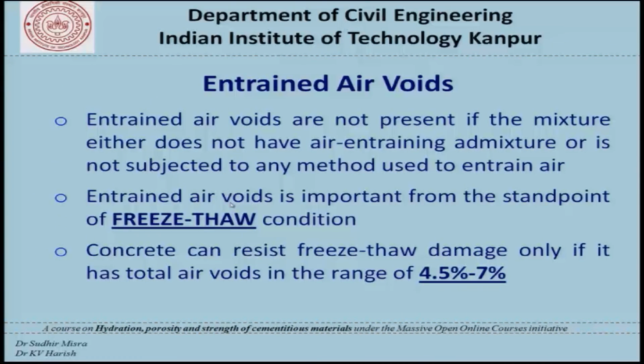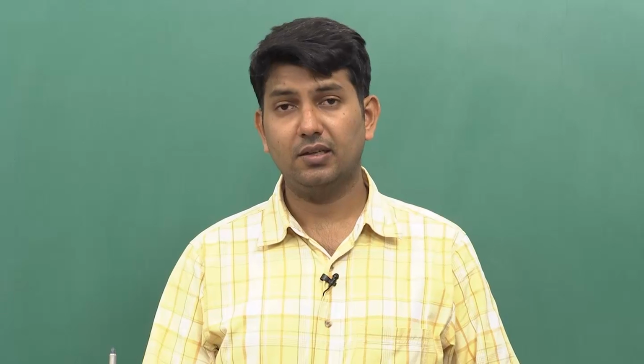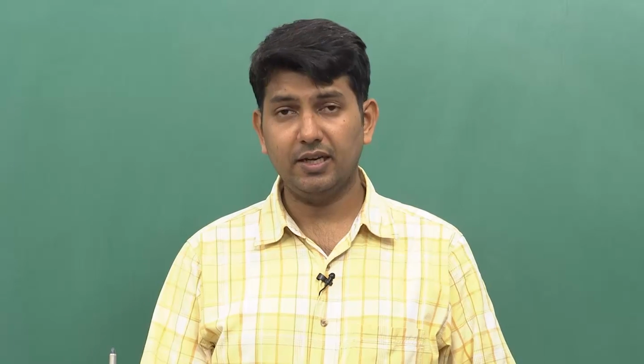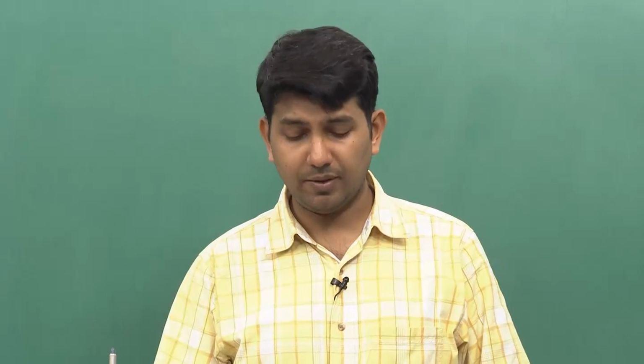And entrained air voids are important in the Portland cement based paste system primarily from the standpoint of freeze thaw condition. Concrete can resist a freeze thaw environment only if its total air void is in the range of 4.5% to 7%. Remember that in Portland cement based paste systems, what we have seen just a while before is that the entrapped air voids percentage is between 1% and 2.5%.